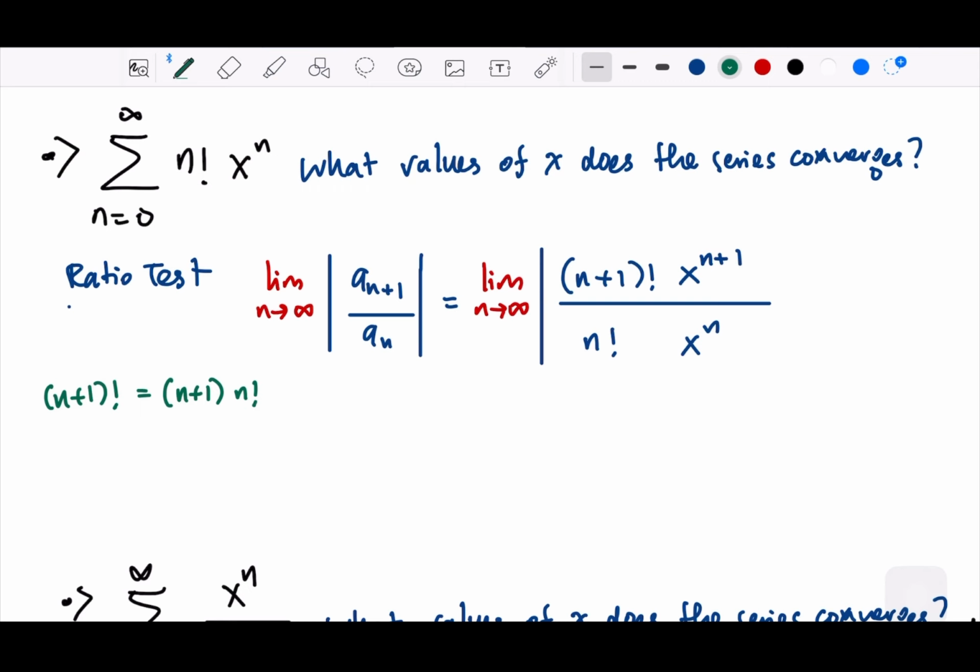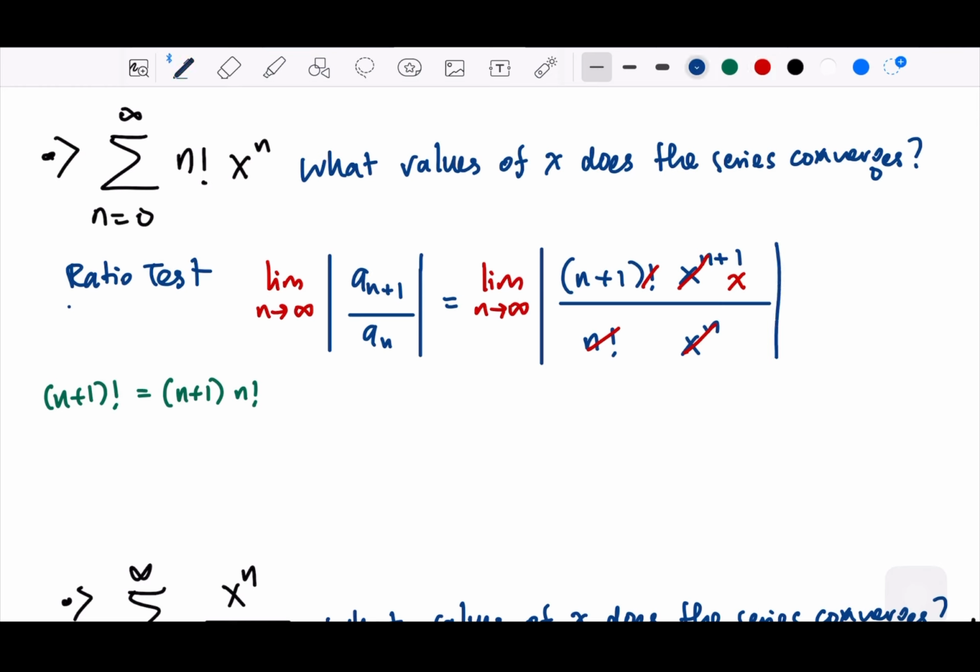So we can cancel the factorial, and the one left is n plus 1. The same thing, we can cancel the x to the power of n, and the only thing left is x.